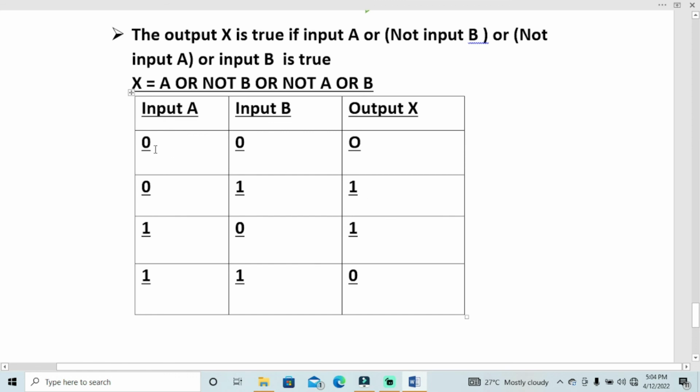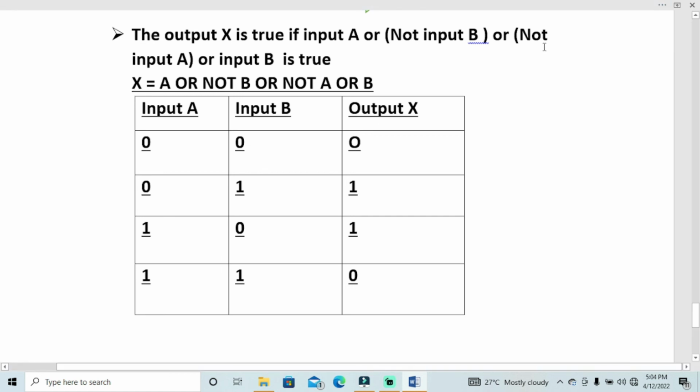So in this situation we have 0, not true, for input A, and 0, not true, for B, which means neither of them is true, and the output is not true. In this situation, A is not true and B is actually true.